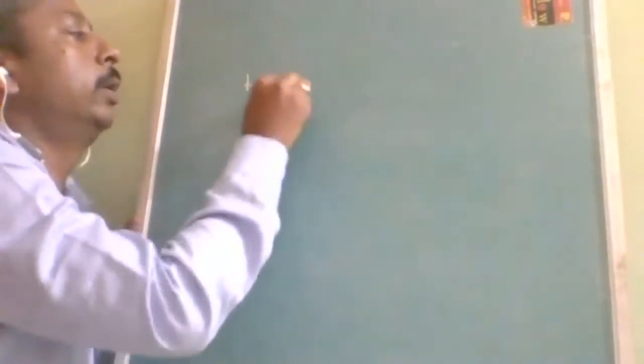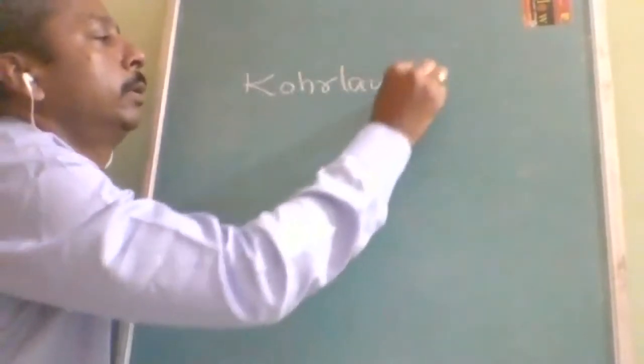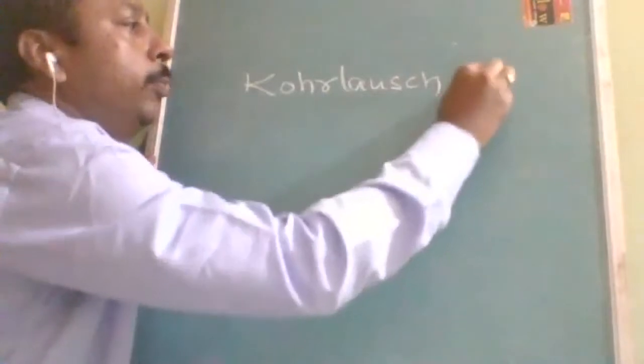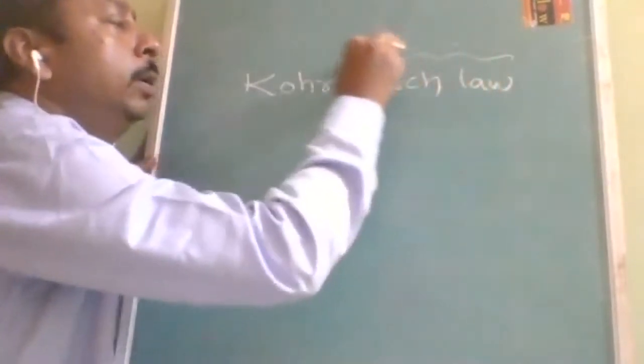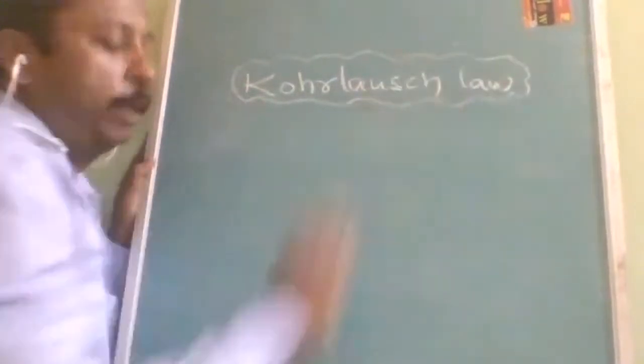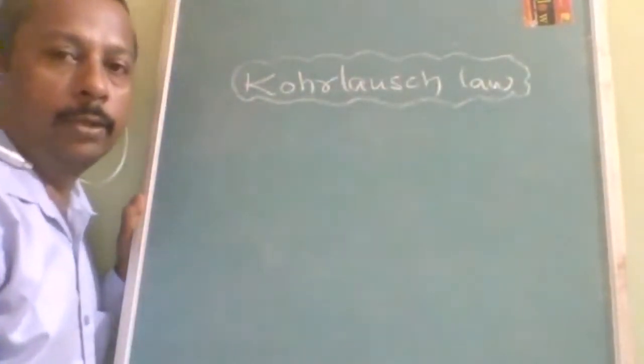So that problem is solved by the scientist called Kohlrausch. Kohlrausch's law. He proposed a law, with which we are now able to find out molar conductivity of a weak electrolyte at infinite dilution also.